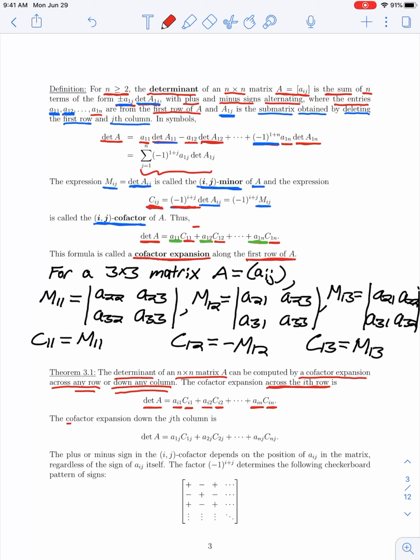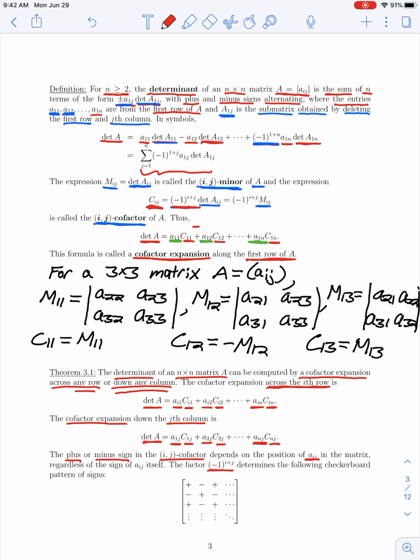Or if we were interested in a cofactor expansion down the jth column to find the determinant of A, we would take the sum of the entries in that jth column, a1j, a2j, up through anj, times their respective cofactors. And this theorem says that those results will yield the same value for the determinant. So recall here that when we're taking that expansion, the positive or negative sign for the ij cofactor depends on what position a sub ij we are in the matrix.